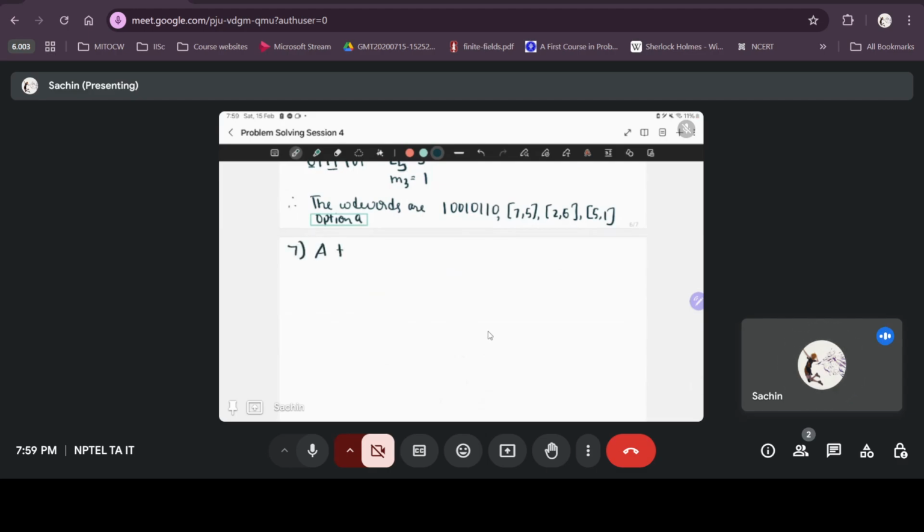Question 7. A ternary sequence 11012211234567 8 111111 11 and 2010220201.